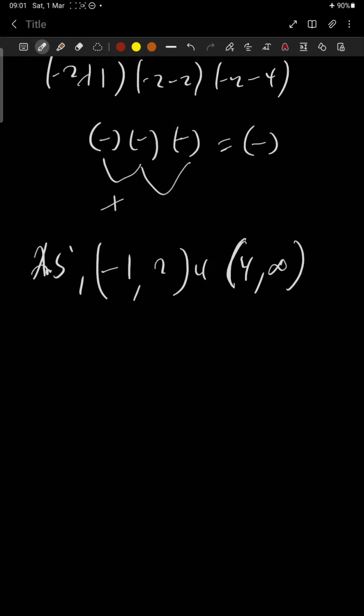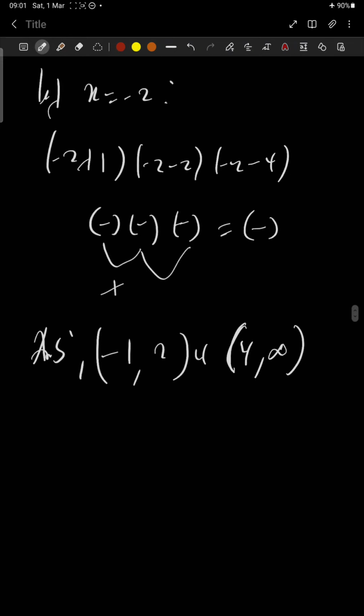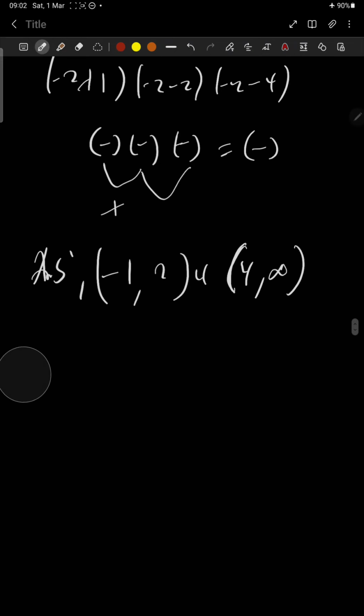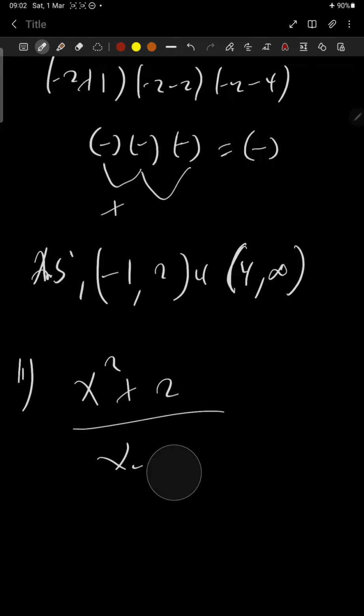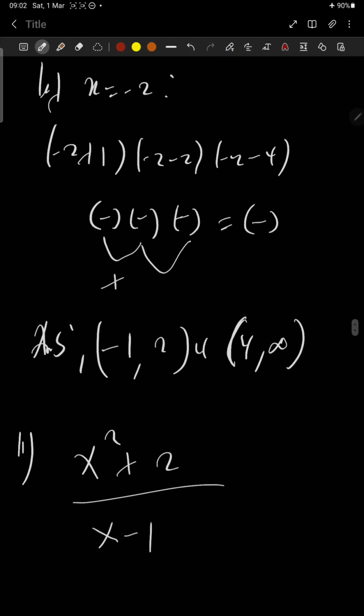Okay, so now let's go to the other question. The other question is saying calculate the rational function. Okay, so we have part 2, which is we have x squared plus 2 over x minus 1. They're telling us to sketch this. Okay, sketch the rational function f of x is equal to that.